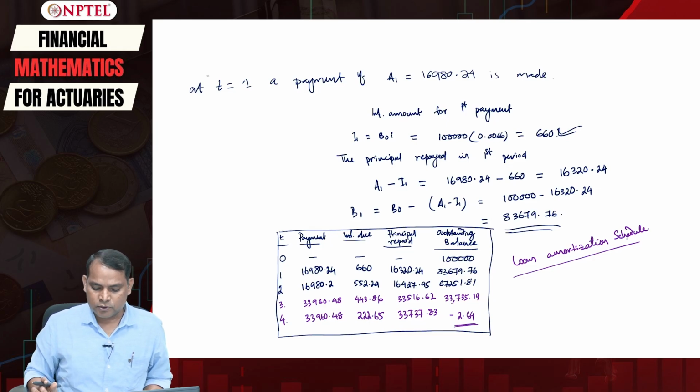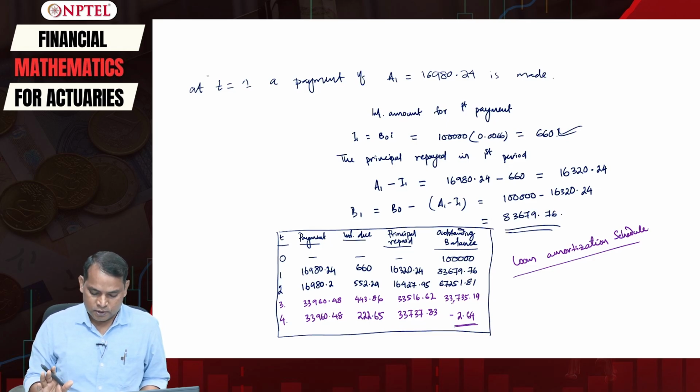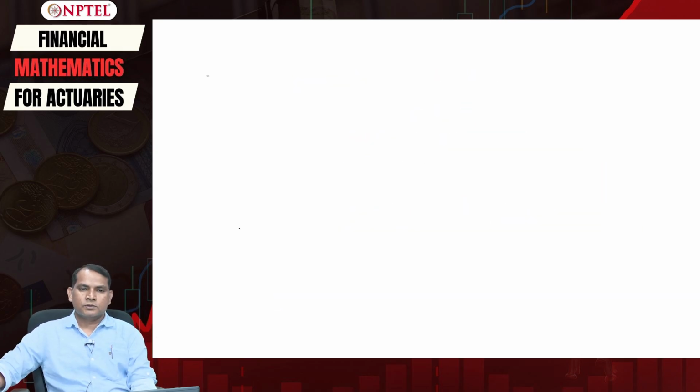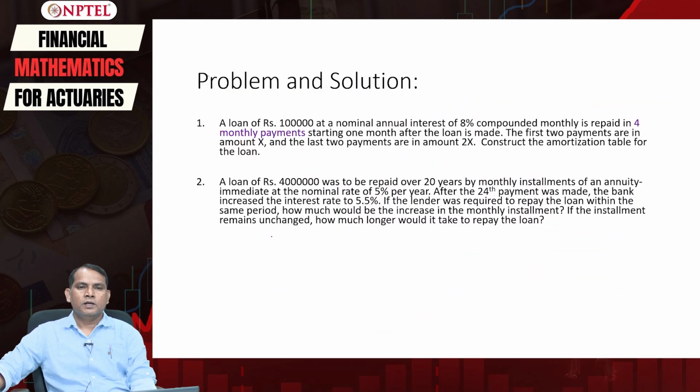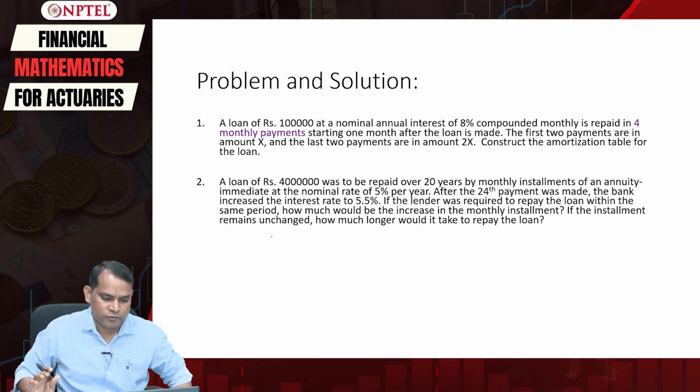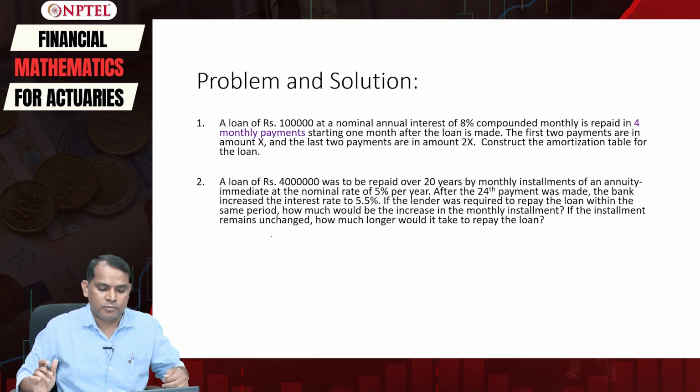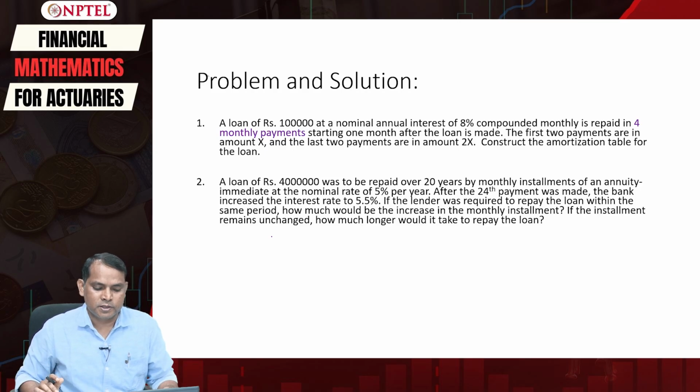So now we have understood how to compute the loan amortization table even if the installment payments are different, in which case the installment initially was x amount and later on the installment was doubled. Now let us go back to the third problem here, which says a loan of 40 lakh was to be repaid over 20 years by monthly installments of an annuity immediate at the nominal rate of 5% per year.